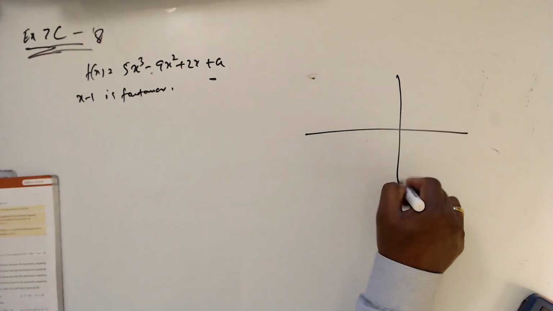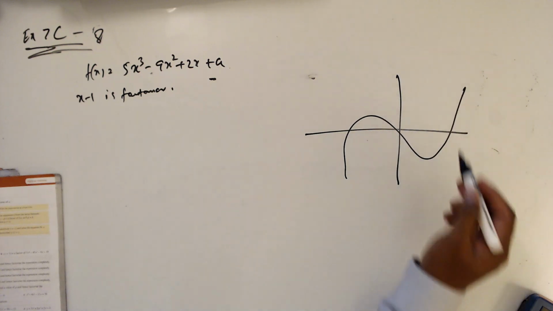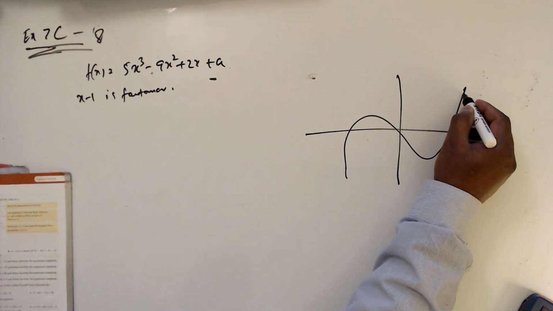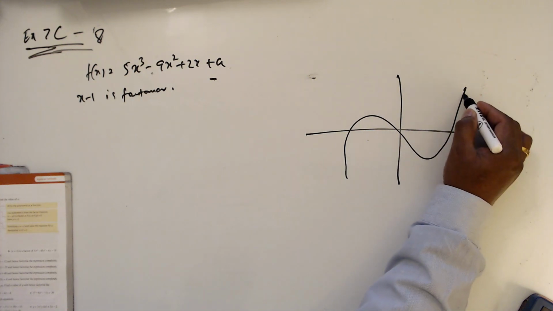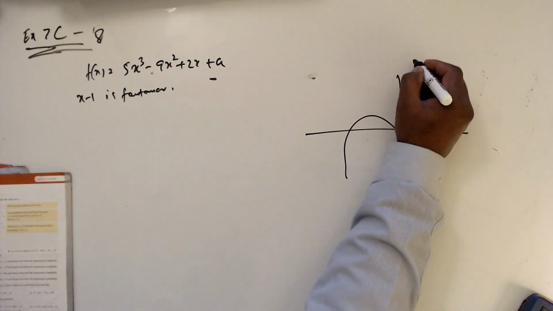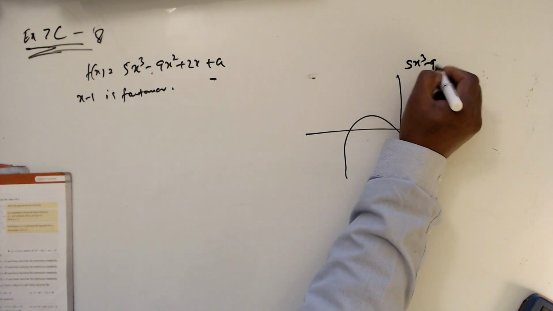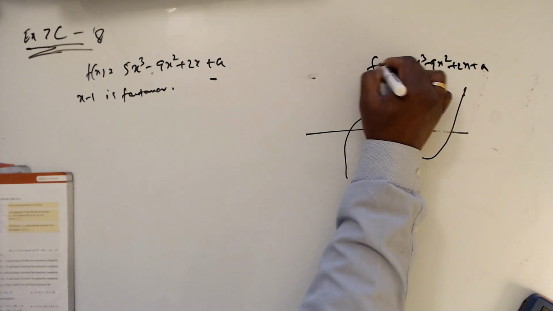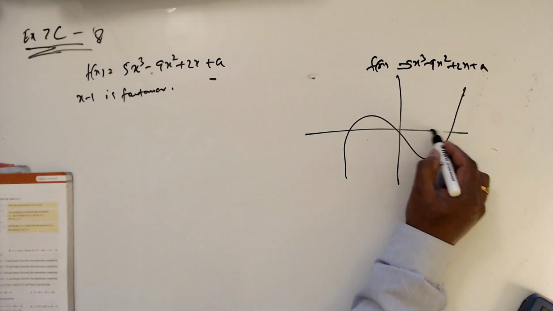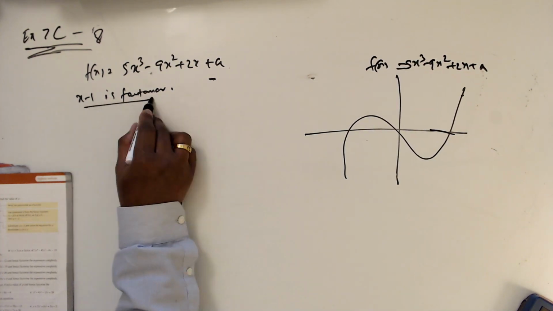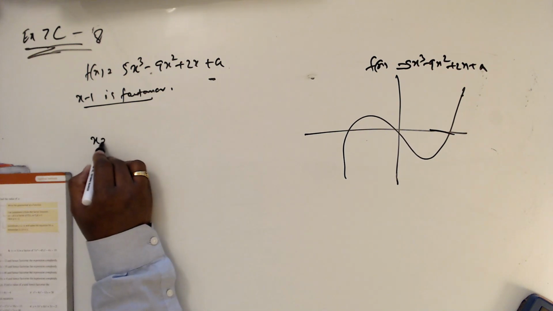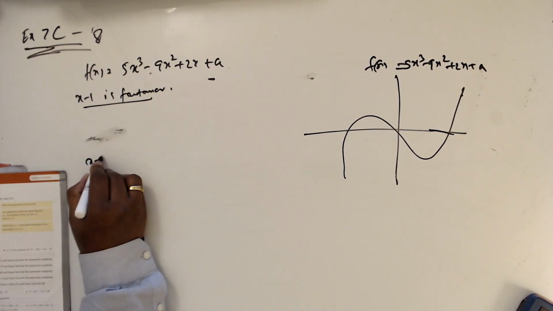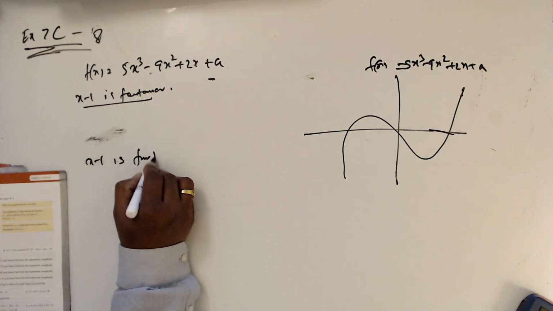So this is a curve. The equation of this curve is this one: 5x cubed minus 9x squared plus 2x plus a. This is f(x). Now x minus 1 is a factor.